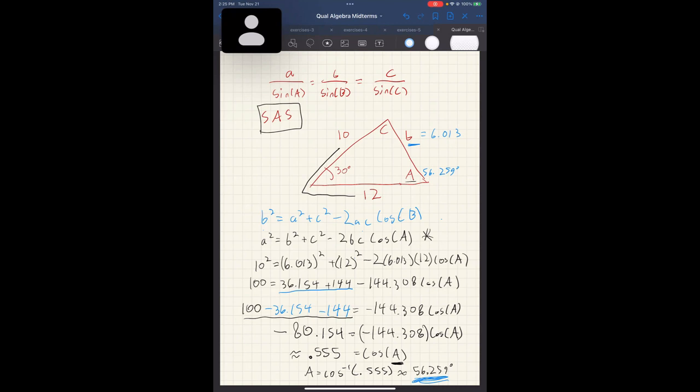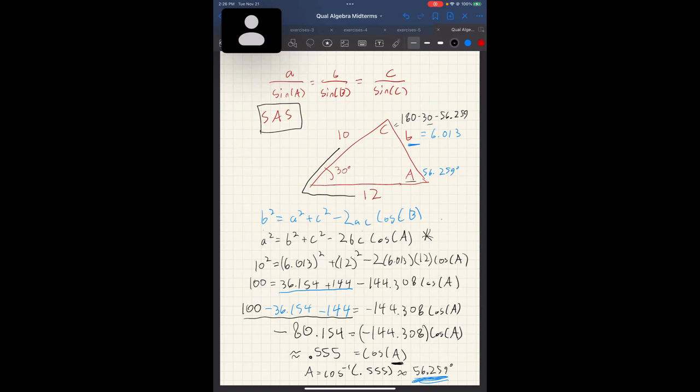Well, I already have angle B and angle A. So angle C should be 180 minus 30 minus 56.259. Sorry, I typed that in wrong again. So 180 minus 30 minus 56.259.